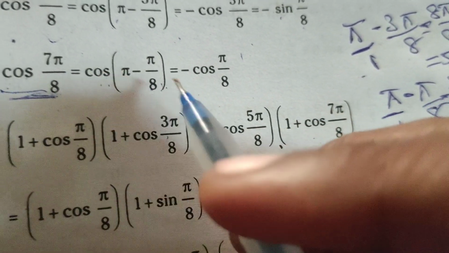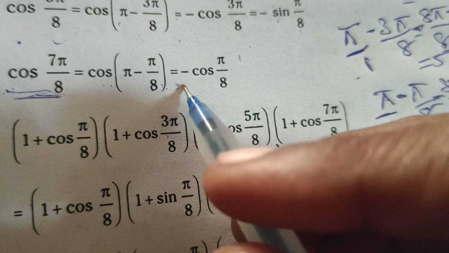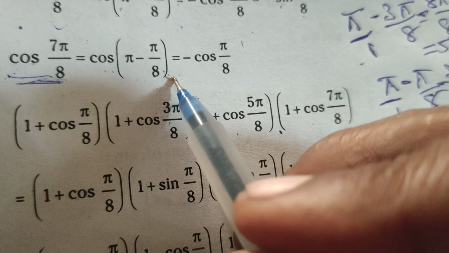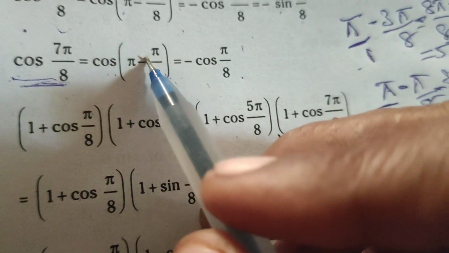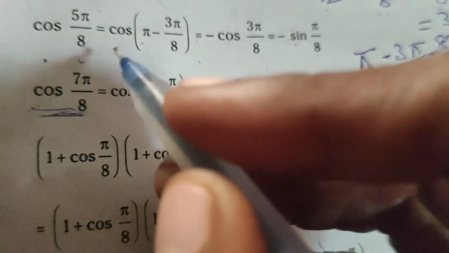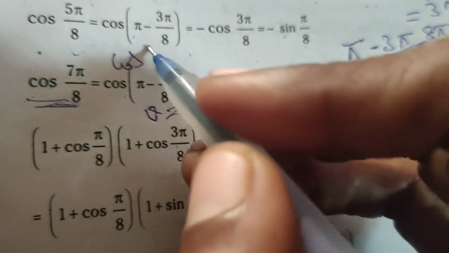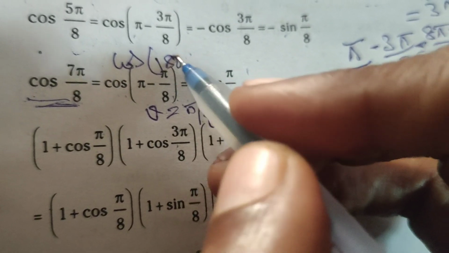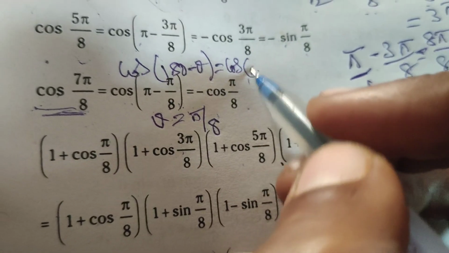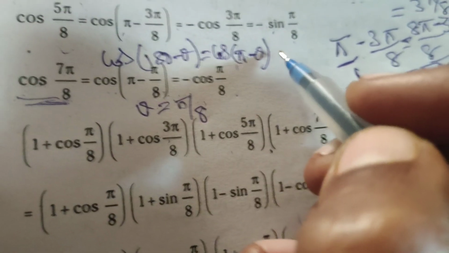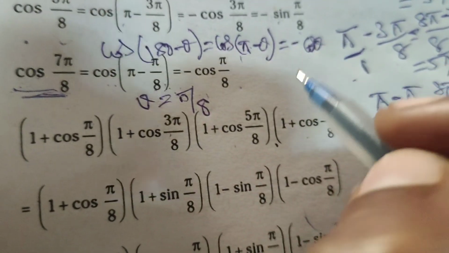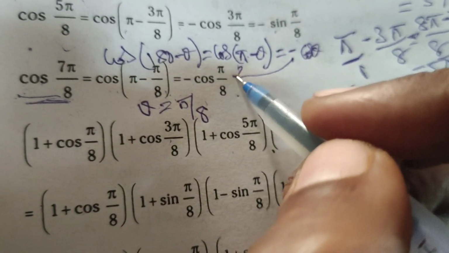Using the formula 180 minus theta, that is minus cos pi by 8. Therefore cos of 180 minus theta, or cos of pi minus theta, equals minus cos theta, where theta means pi by 8.